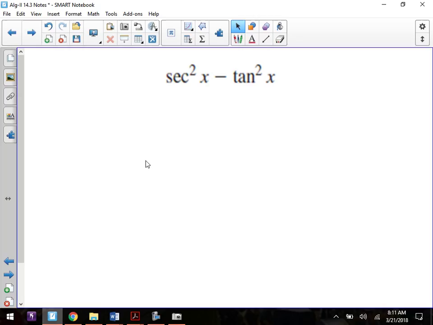Where do you start? Now, there's a couple of ways you can do this. One of them is to use a property, and go to the next problem.